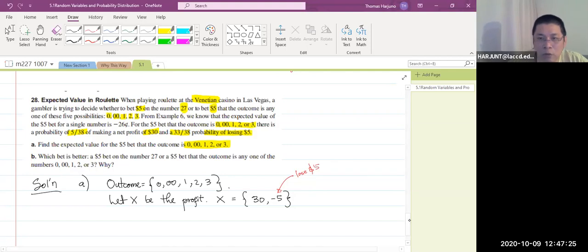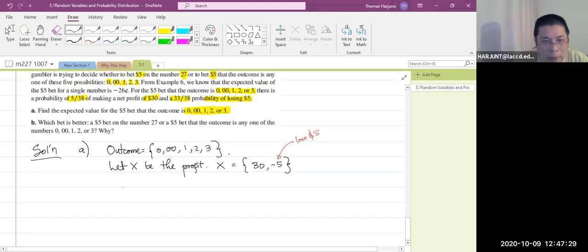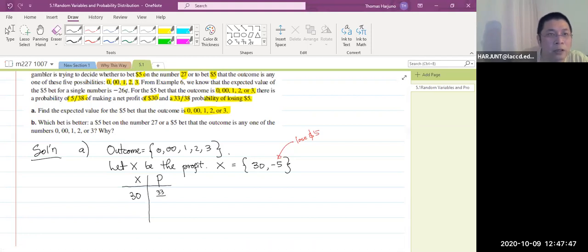Now how to find the expected value? I recommend, sometimes you can do it in one line, but I prefer you to actually go back to the probability distribution. The payout of $30 has probability 5 over 38, right?